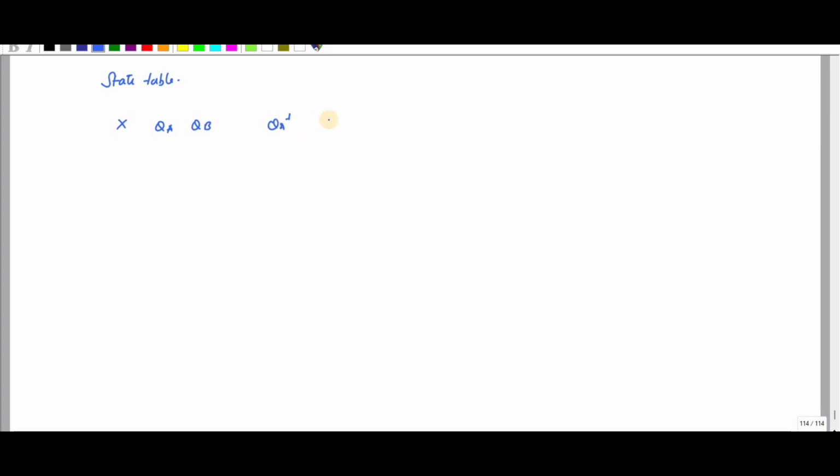QA plus and QB plus are your next state, and I need to find the values for JA and KA, then JB and KB, then Y. So let me write 0 to 7.